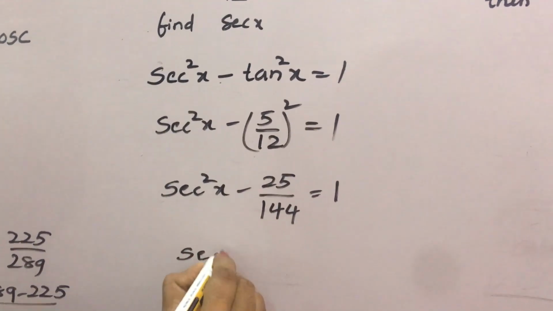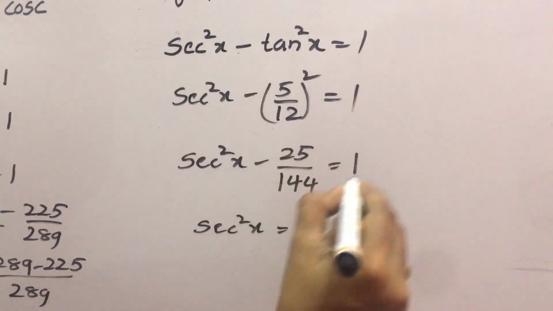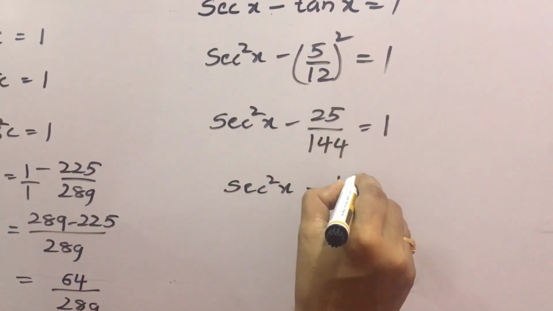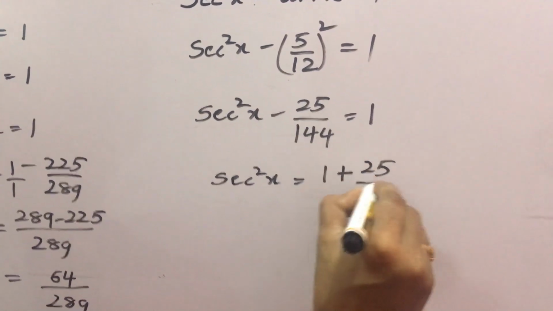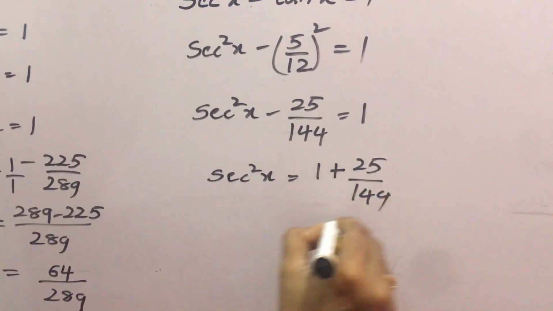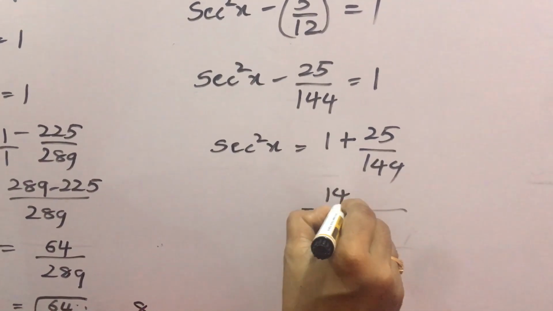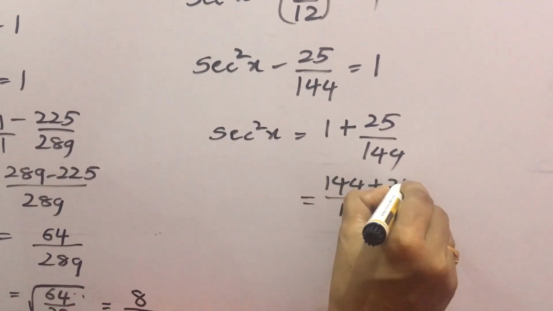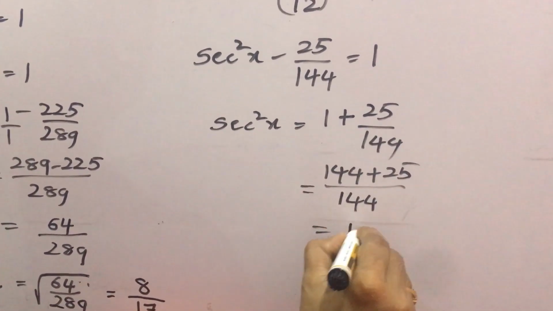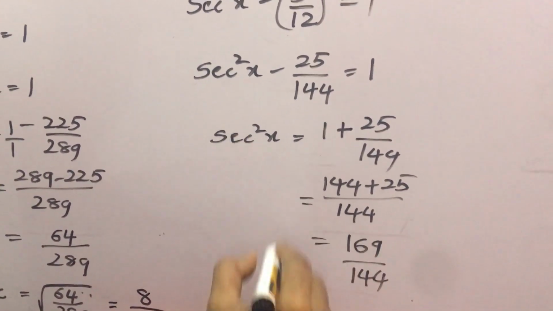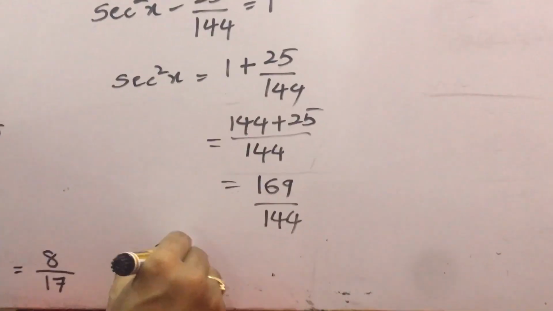Sec square x is equal to, if you take that side, minus 25 by 144 becomes plus 25 by 144. By taking LCM, 144 is the LCM. 144 plus 25, which is equal to 169 by 144. It is sec square x, but we need sec x.